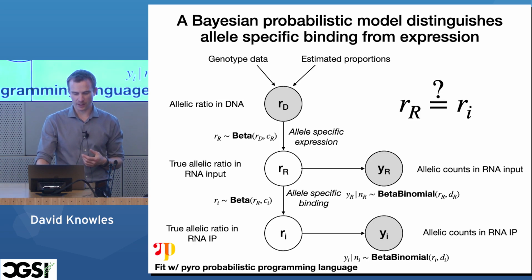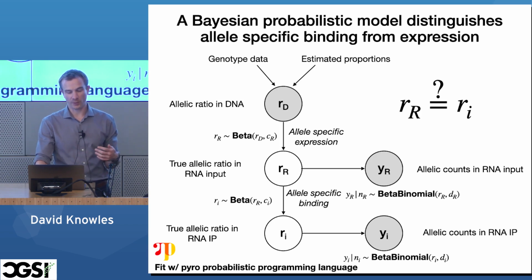And so the approach we've ended up using is to use this probabilistic programming language called Pyro, which builds on top of PyTorch. And the idea of a probabilistic programming language is you can write down a probabilistic model like this in a specific language, and then there is automatic machinery that will do inference of these different parameters and latent variables for you.